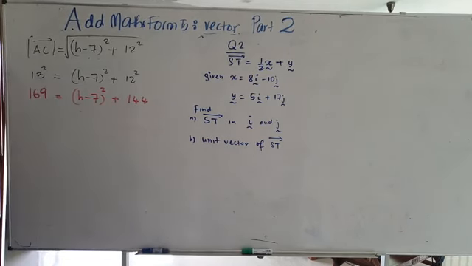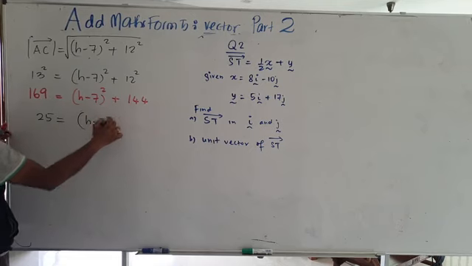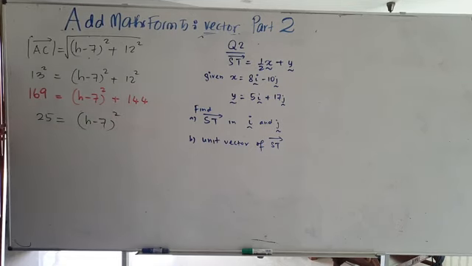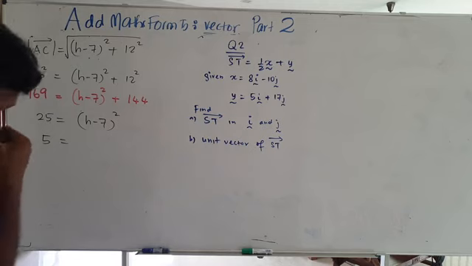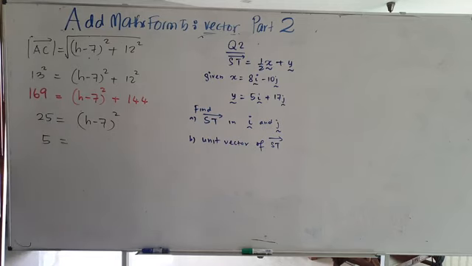So you're going to get 25. H minus 7 squared. Square, bring it over, becomes square root. Square root of 25 is 5. Now, you might have two answers, plus minus 5. That's fine. But normally they will let you know if h is a positive value or negative value, so you need to take note of that.